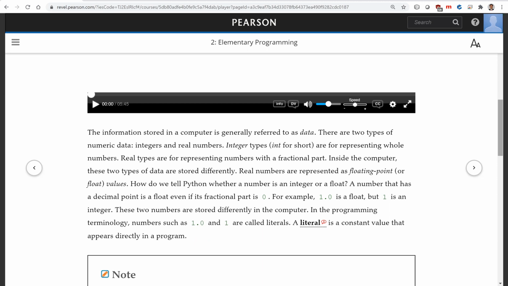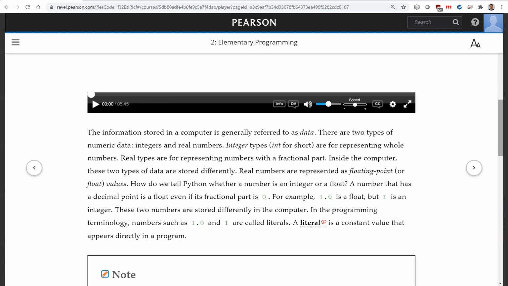How do you tell Python whether a number is an integer or a float? A number with a decimal point is a float, even if its fractional part is 0. For example, 1.0 is a float, but 1 is an integer. The Python interpreter automatically figures out the type of the variable when you assign a value to it.